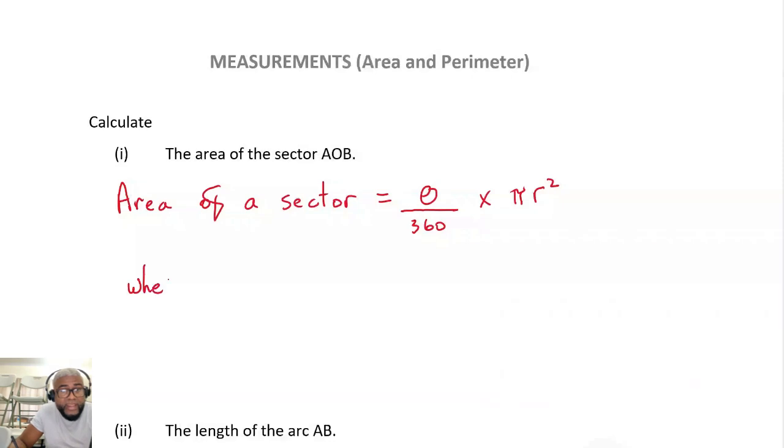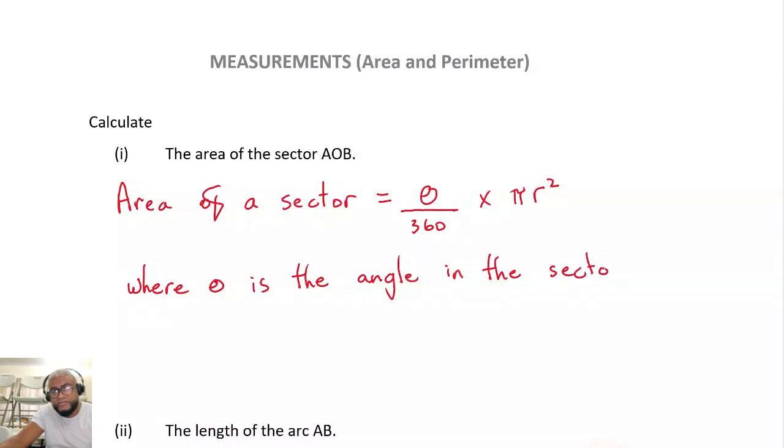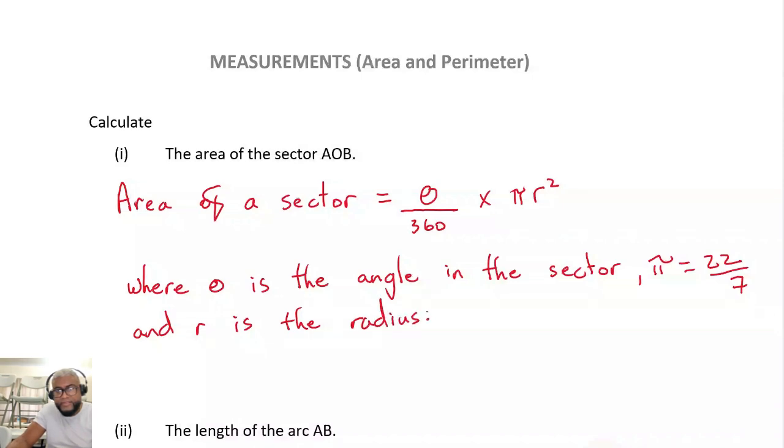Where theta is the angle in the sector, pi is equal to 22/7, and r is the radius. So that's my formula for area of a sector.